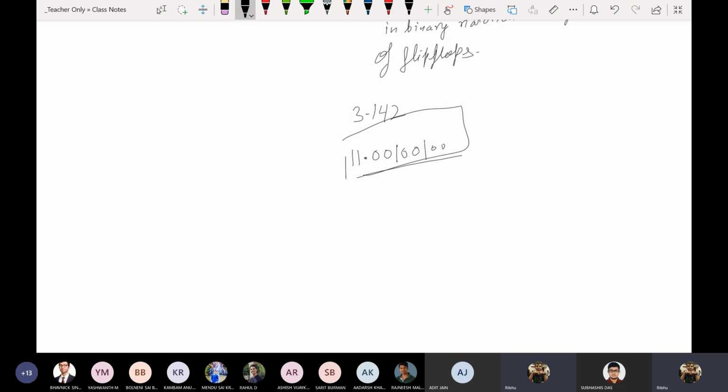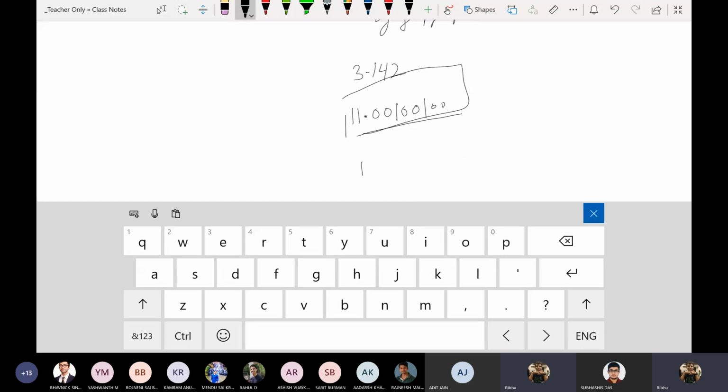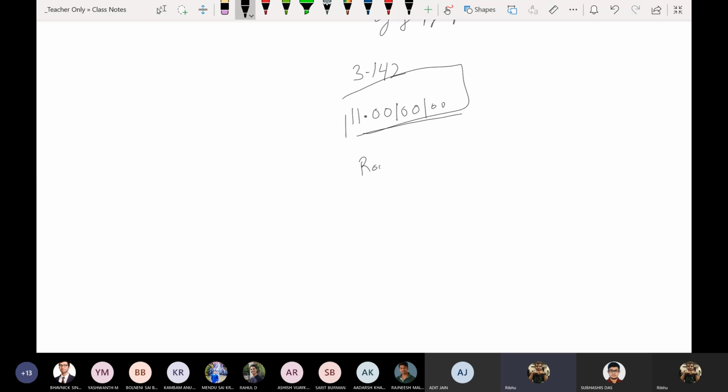So basically quantization is what we studied in lower classes as rounding off. This was in class 4th or class 5th. Quantization is a fancy name for that.